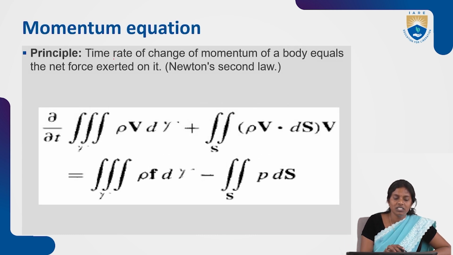The momentum equation says that the rate of change of momentum of a body is equal to the net force exerted on it. This comes from Newton's second law, that is F equal to m into dV by dt.